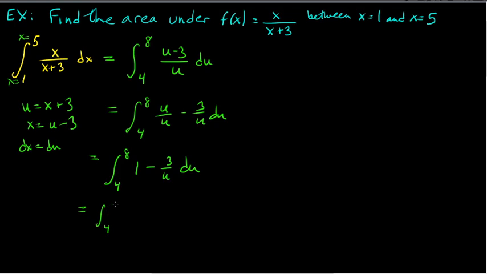Actually, I think we can figure out the antiderivative of this, right? The integral of 1 is just u, and the integral of 3 over u, 3 is a constant. It's going to be 3 times the natural log of absolute value of u plus c, except this is a definite integral. So all we need to do now is plug in the 4 and the 8.